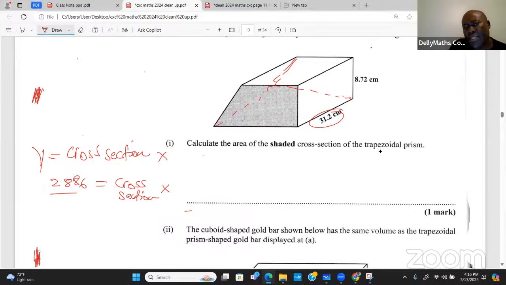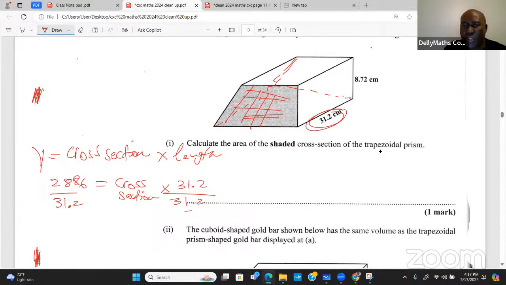Based on how it's set, let me use L here. So this is actually 31.2 that we're going to have to divide by. So we're dividing by the length. We have the cross section here, and the cross section goes 31.2 to the back.